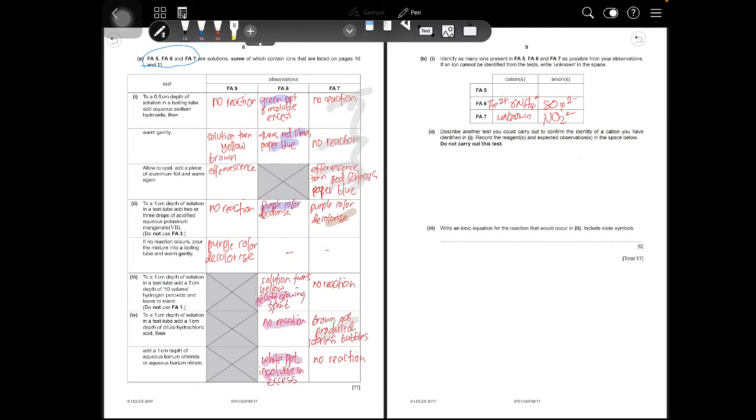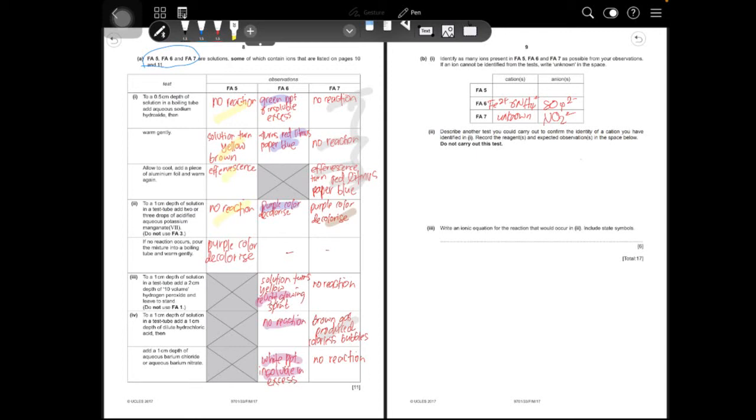So let's get into Fa5. With Fa5, it shows no reaction with sodium hydroxide. Only when it is warmed gently, it will turn yellow or brown on standing. And when we add aluminium foil, it shows an effervescence. It also shows no reaction with acidified potassium manganate.